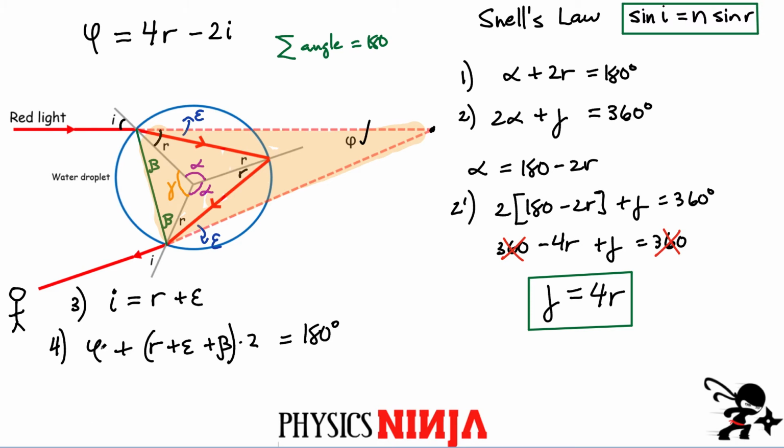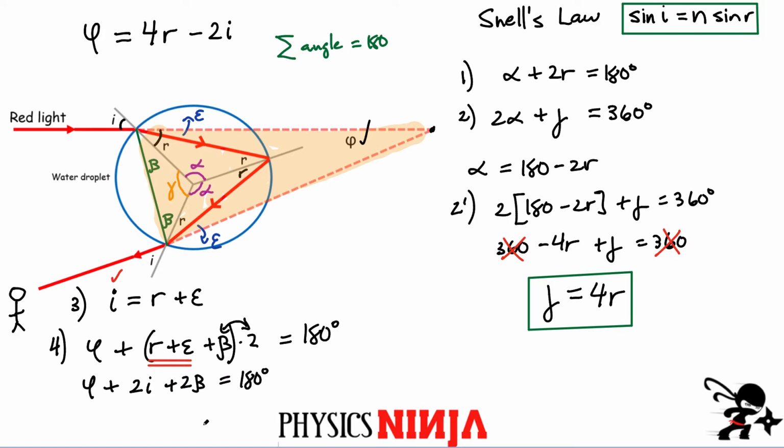All right, so let's take this second expression a little bit further. Phi plus, now look what we have here: we have r plus epsilon right here. But I've already defined that as being the letter i, so let's just do that right now. You also have the 2 in the front, so you have 2i plus 2 beta, that's the 2 multiplying this term, and all of that has to be equal to 180 degrees.